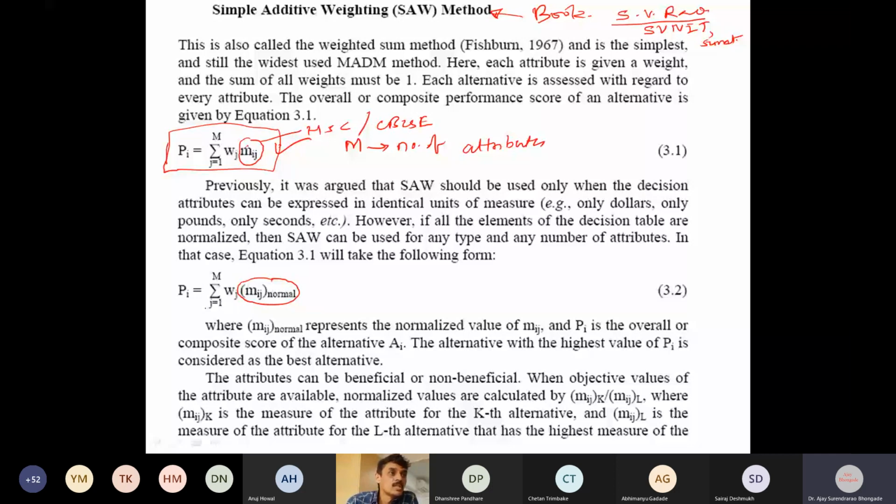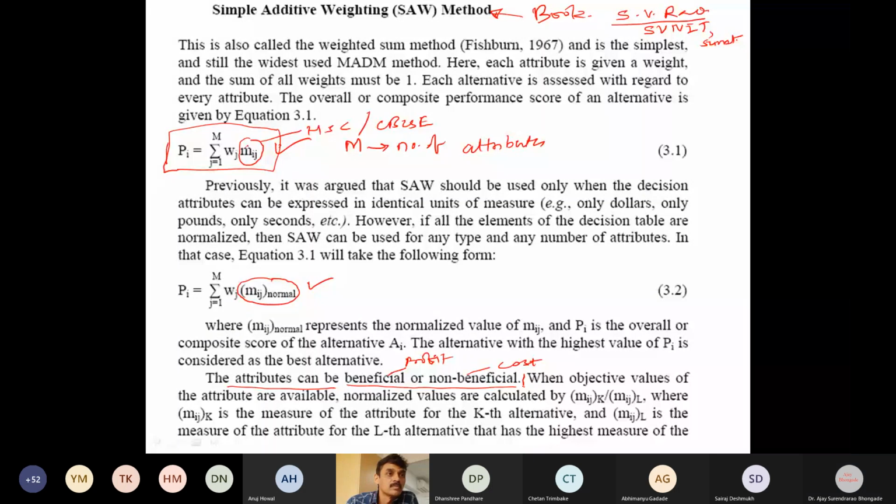Now, one more thing. These attributes can be called beneficial and non-beneficial. Beneficial you can simply compare with profit, and non-beneficial is the cost. Obviously, we want to maximize the profit. When it is non-beneficial, we try to minimize it, and this we try to maximize.